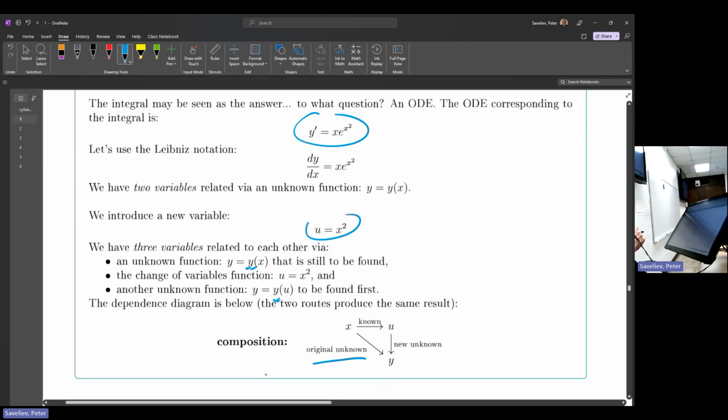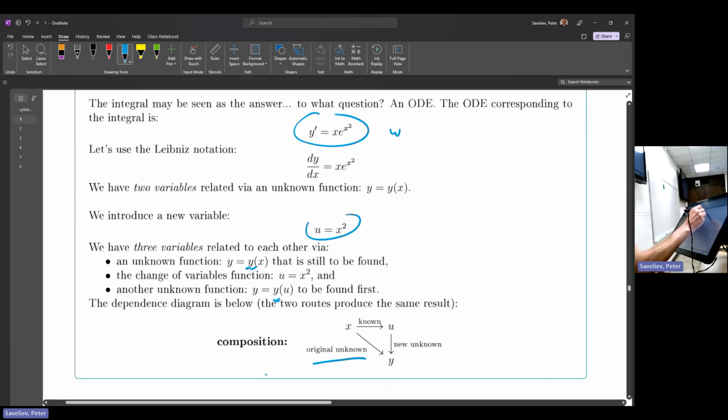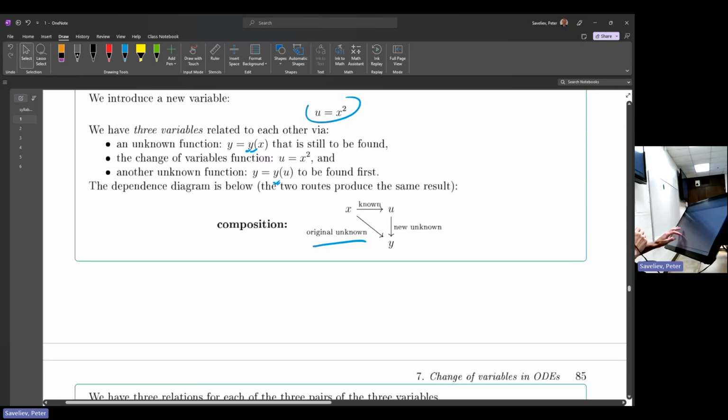And then the hope is if we shift from this diagonal line to this vertical line, the new unknown, y depending on u, will be simpler. We know that it will be, and we just have to execute it. So once again, we have a differential equation with respect to x, and then we want it with respect to u. That's the idea, but it's still just a differential equation, just like we replaced one integral with another.